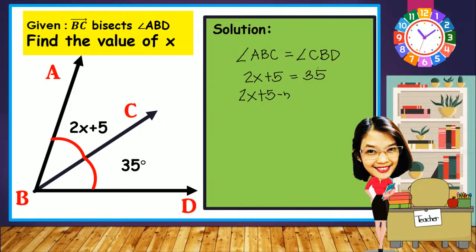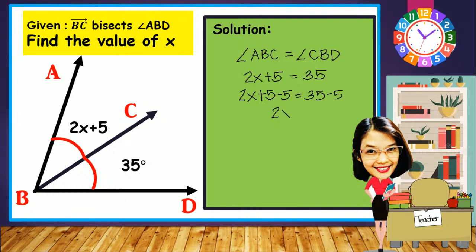It's not smooth. 2x plus 5 minus 5 is equal to 35 minus 5 also. Diba yung natatandaan yung pinag-aralan natin? Kung ano yung ginawa sa kaliwa, gagawin din sa kanan. So, what's left? We have here 2x.